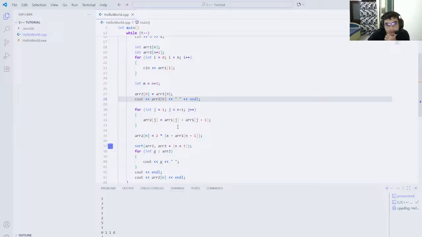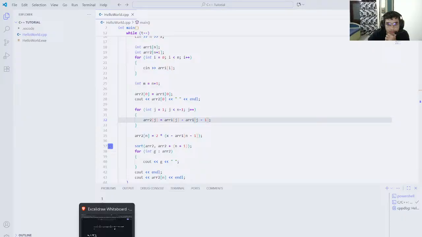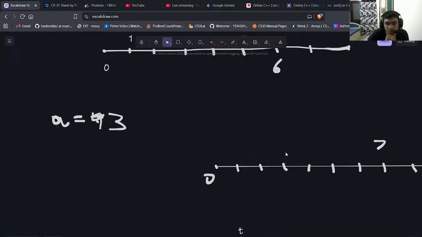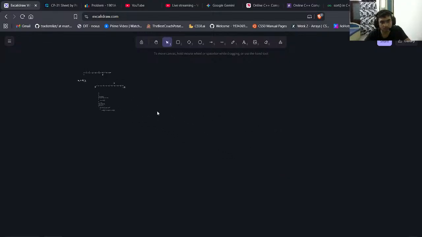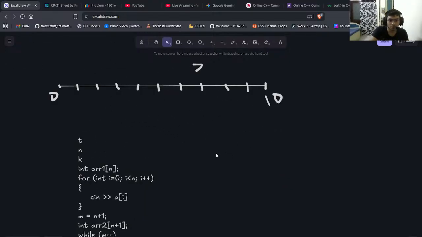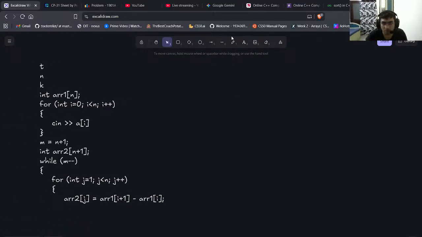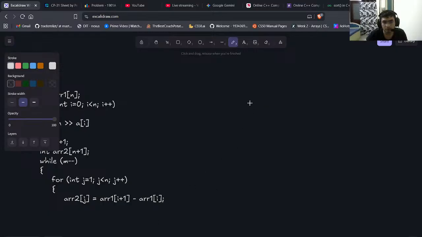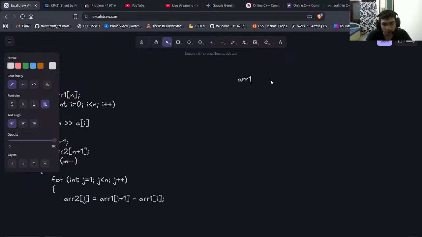Okay, so I know that this is 1, this is 0. Okay, so arr 1 is equal to 1, 2, 5.